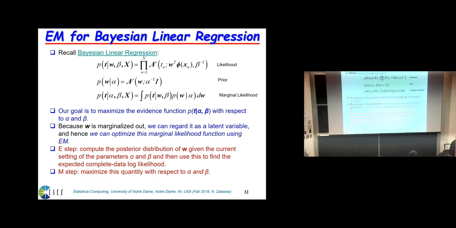You remember that linear regression problem? So w are the coefficients in the regression model. The likelihood is the product of these Gaussians: if I knew the regression coefficients w, the data points x, and the noise level, then the likelihood is the product of these Gaussians.